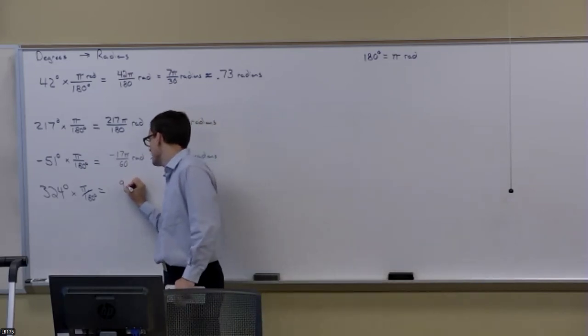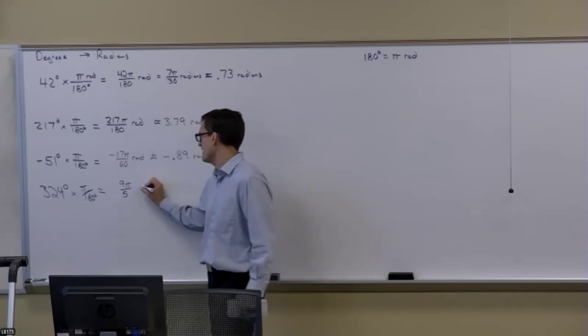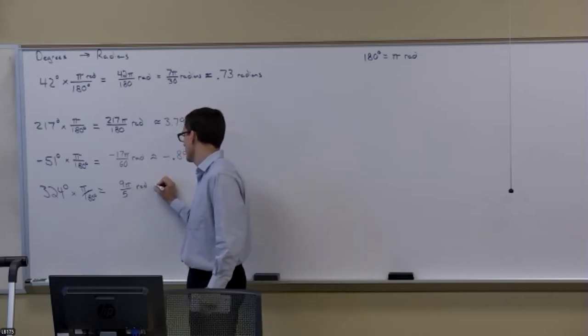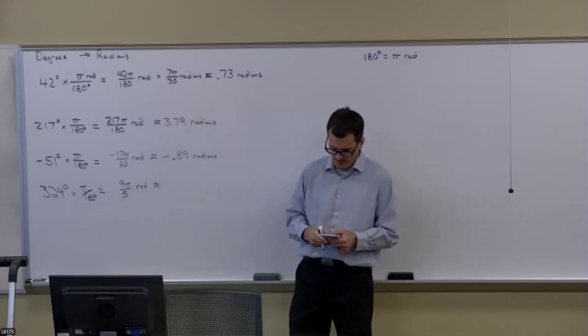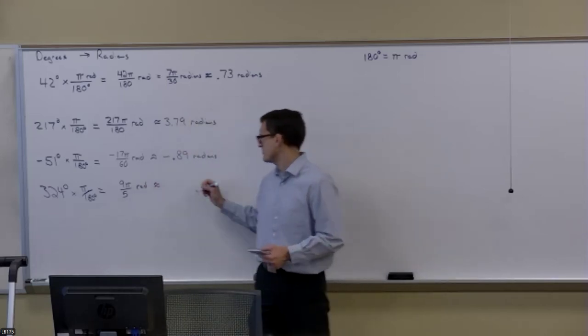This is 9 pi over 5 when I simplify that, in radians. That's about 5.65 radians.